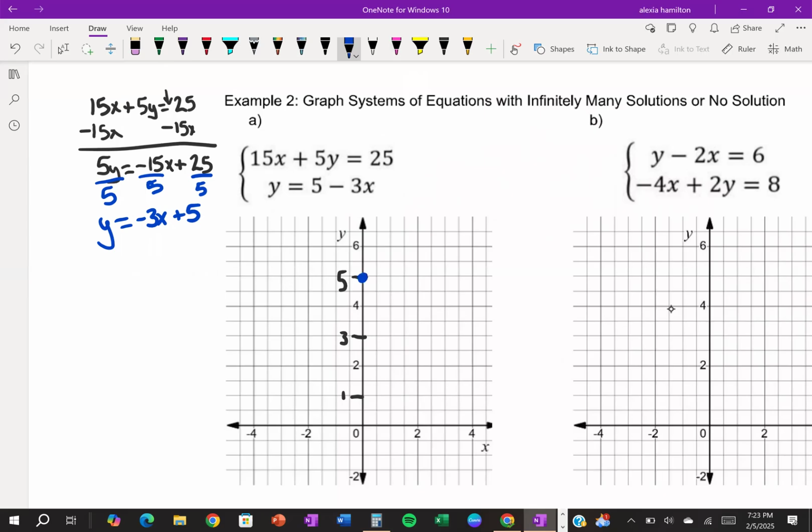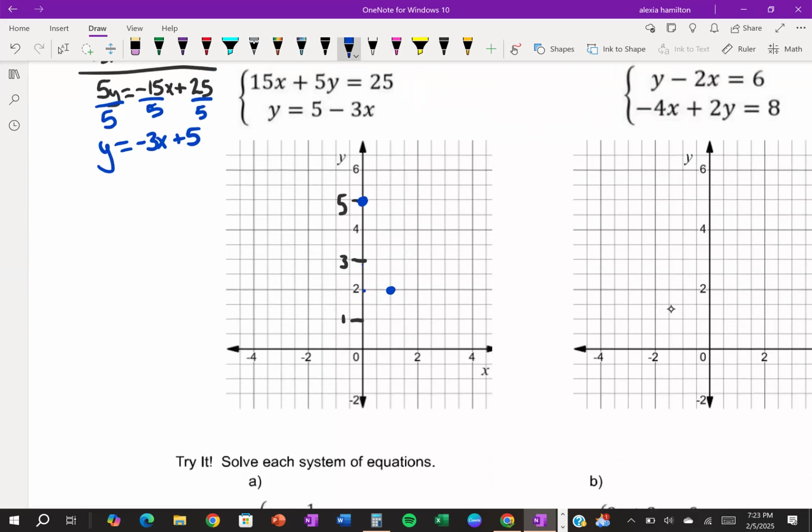Up 5. And then from there, I'm counting down 3. So I'm not counting the lines, I'm counting the numbers: 1, 2, 3, and right 1 makes a difference. 1, 2, 3, and right 1. Okay. And we're going to draw that line.